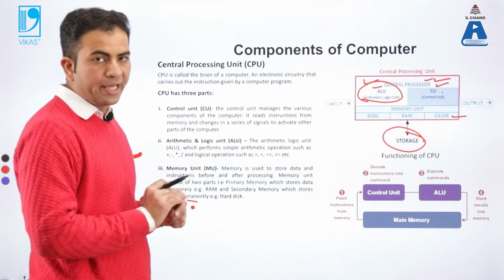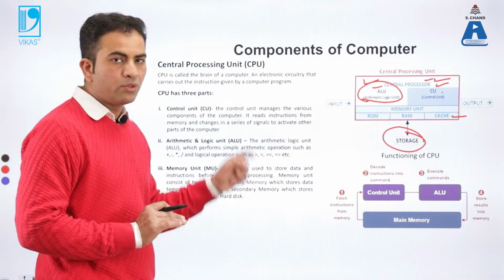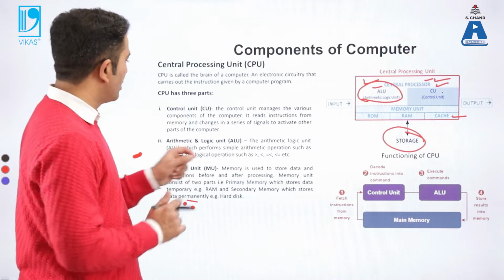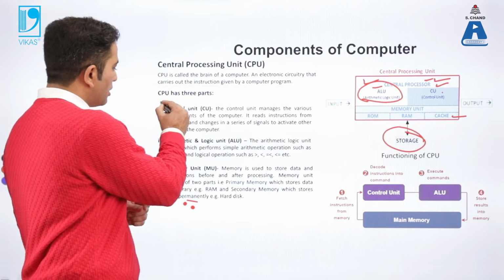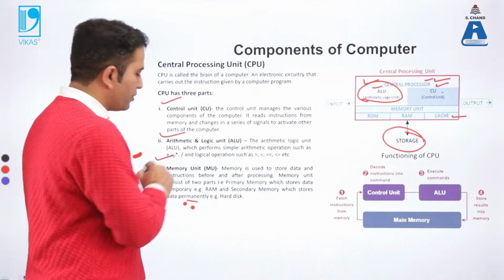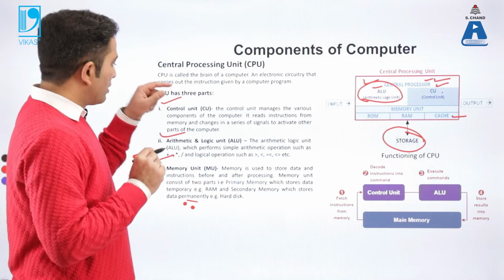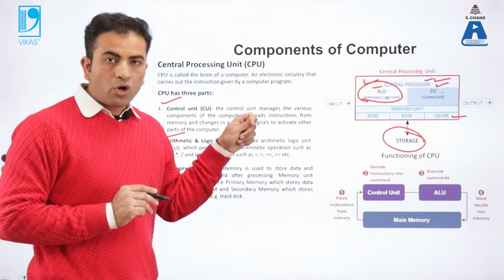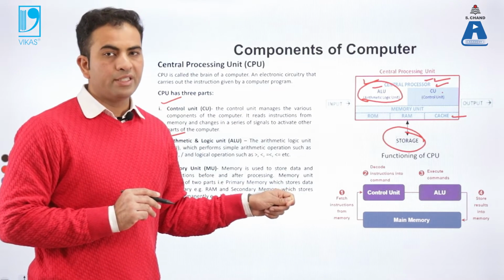I'm repeating again, let me summarize the CPU. The CPU consists of these three things: the control unit, the arithmetic and logic unit, and the memory unit. The control unit controls all the signals from our hardware devices.